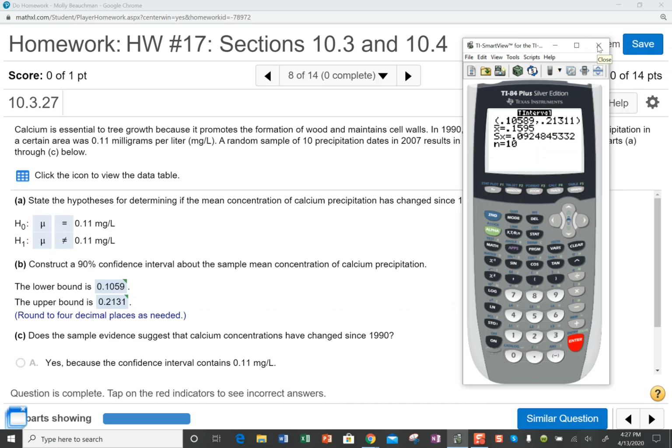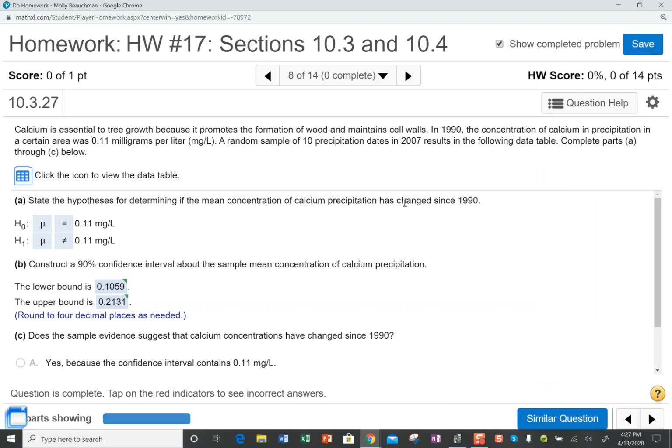And now what does that mean? The question is whether the sample evidence suggests that calcium concentrations have changed since 1990. So what you do is you take a look at your confidence interval. Based on our sample, we're predicting that the population mean is somewhere between 0.1059 and 0.2131.